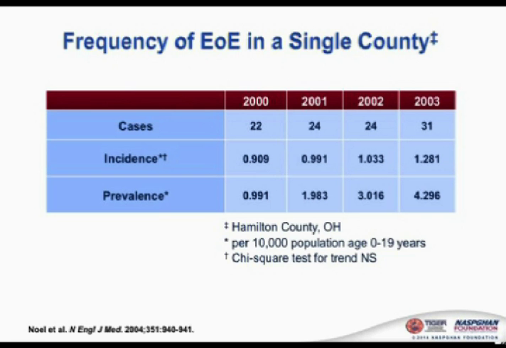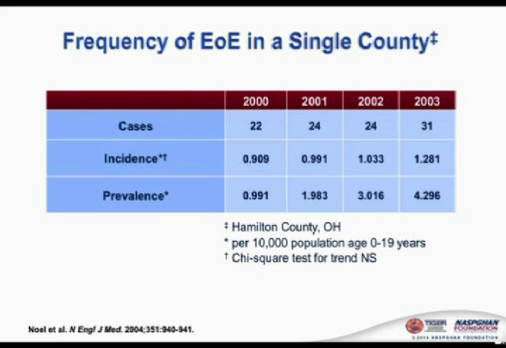I will now briefly discuss the epidemiology of EoE. Several studies have been conducted attempting to identify the incidence and prevalence of EoE. The study that you see on your screen was performed by Cincinnati Children's Hospital over a 4-year period in the early 2000s. It reports that the incidence of EoE is approximately 1 in 10,000 people. The increasing prevalence suggests that EoE is a chronic disease.